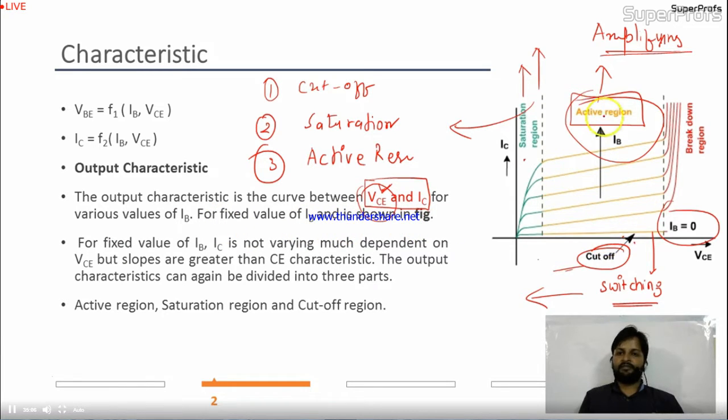See, for the various values of IB, we have shown here the output characteristics of the transistor. Now for a fixed value of IB, IC is not varying much with VCE, but the slopes are greater than the CE characteristics. Forget about this. The output characteristics can again be divided into three parts. This is the important part: the active region, saturation region and cutoff region.